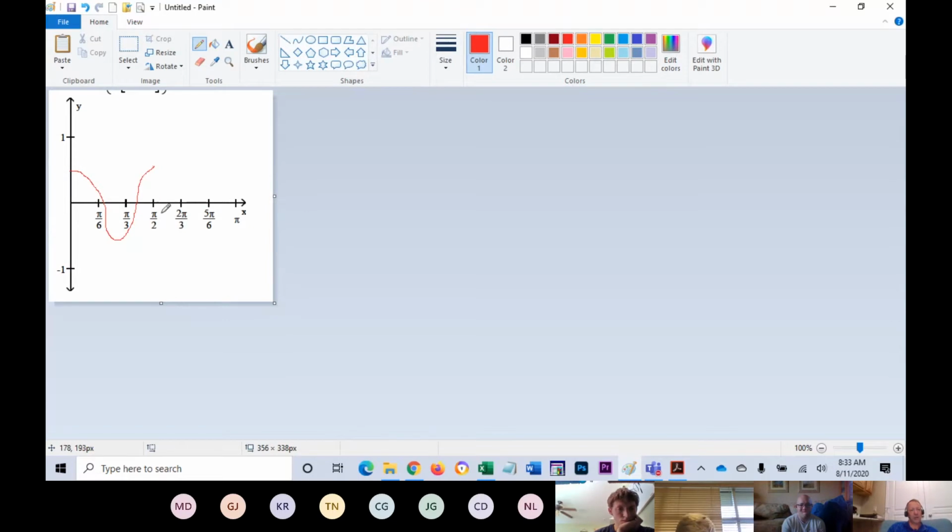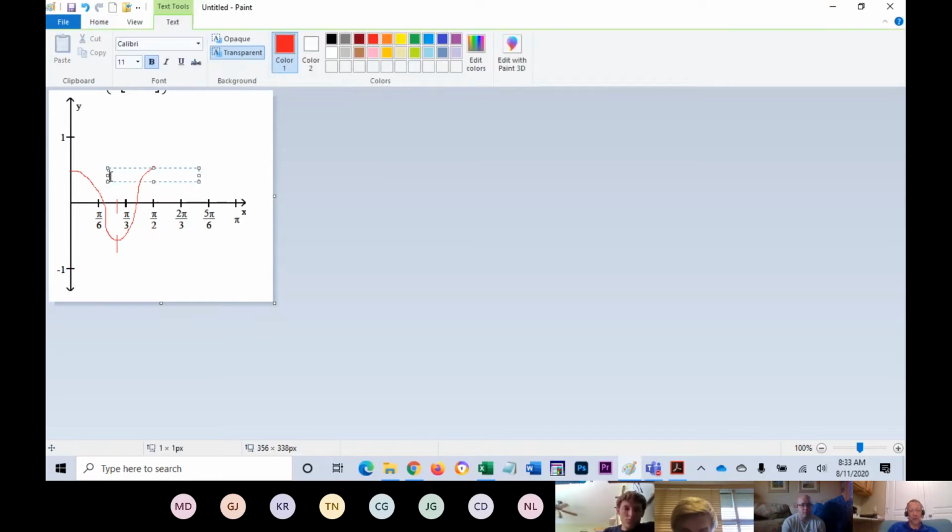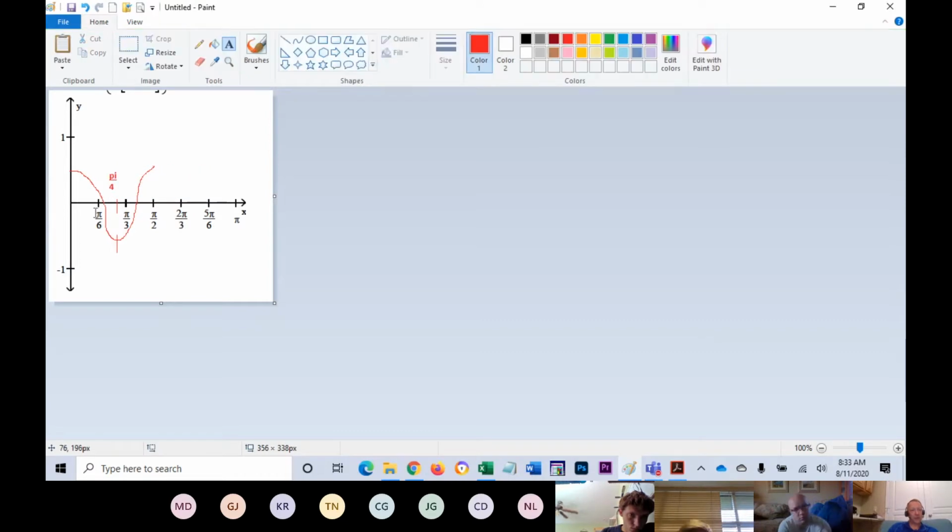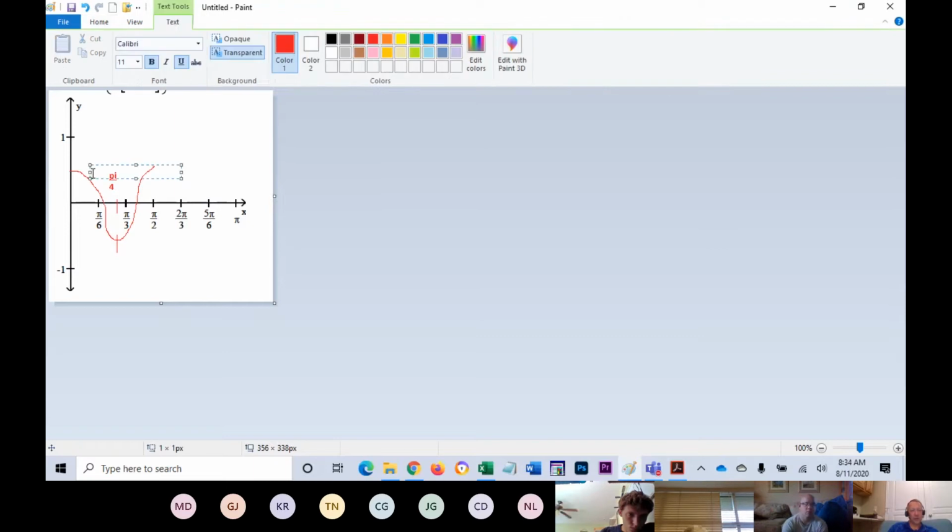So that would mean that this here is going to be pi over 4, right? Pi over 4. Which is going to mean that this value here, which I didn't draw very well, is going to be pi over 8.